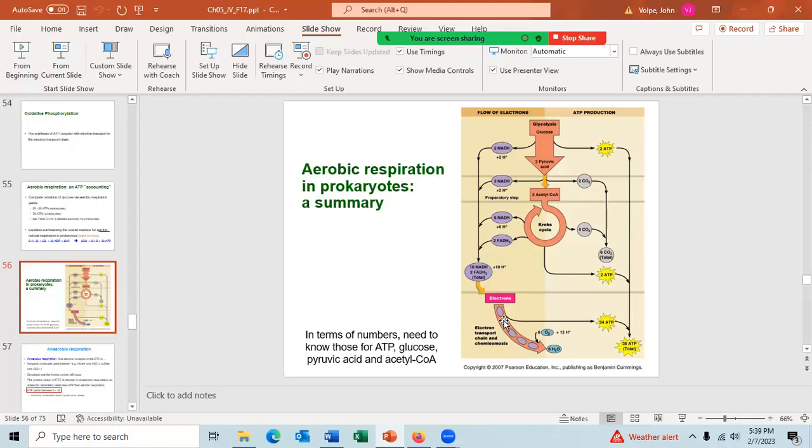No, 32 to 34 in the electron transport chain. Any question about any of that? Oh, there it is there. 2 from glycolysis, 2 from the Krebs cycle, and then 32 to 34 from the electron transport chain. It's showing you for prokaryotes why it's only got 34.